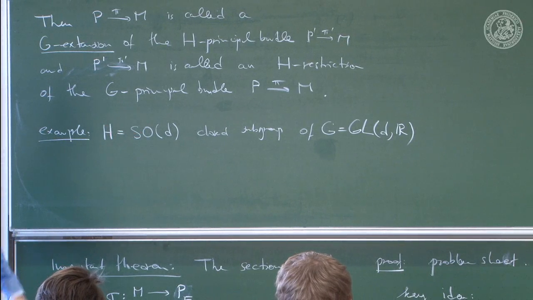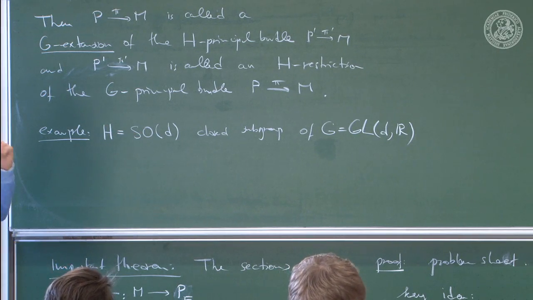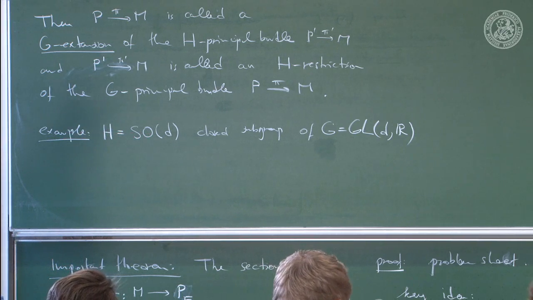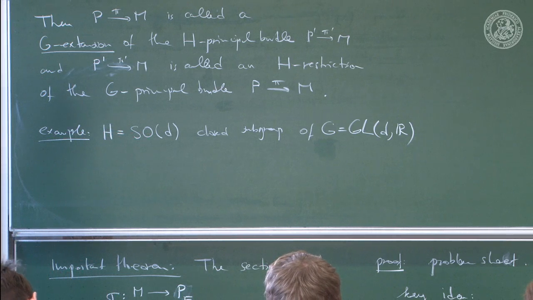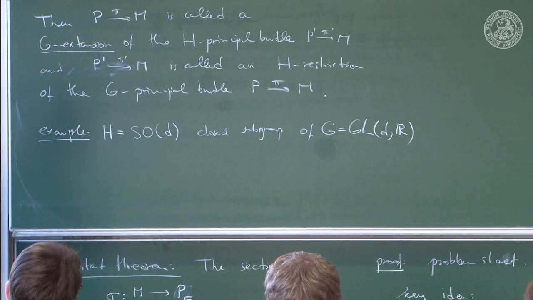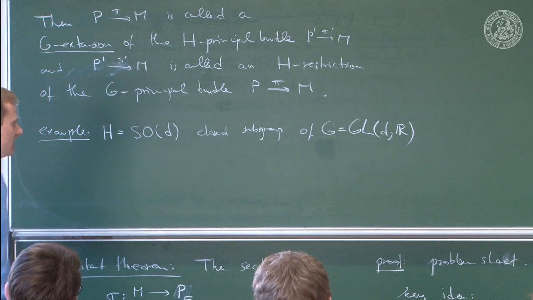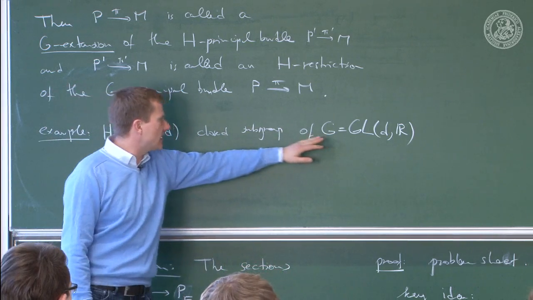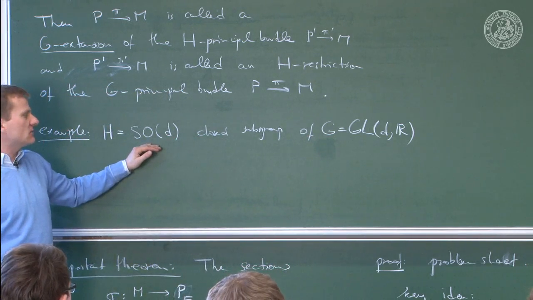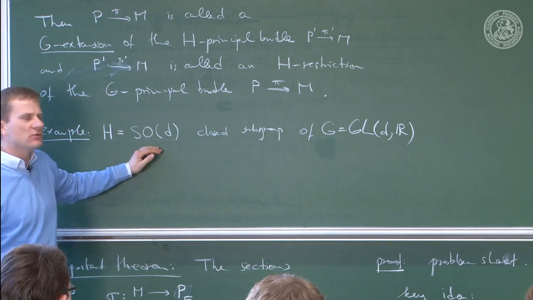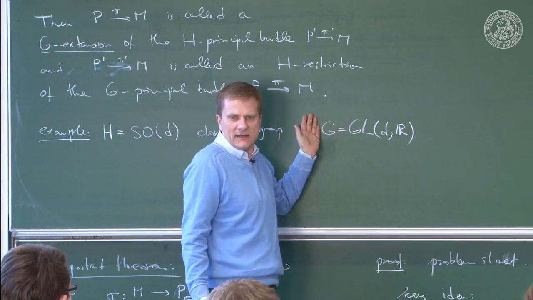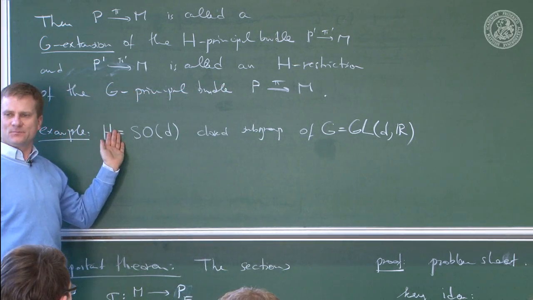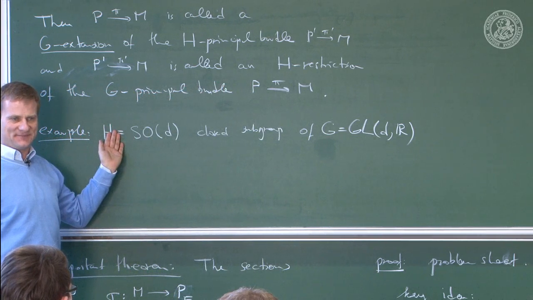Maybe it is not always possible for any base space and so on to restrict GL(D,R) to SO(D). In fact, it is. And if one thinks carefully about it, which now we don't have the time for, and I'll think to maybe put this on the problem sheet, the possibility to restrict GL(D,R) to SO(D) amounts to the question, can you equip a smooth manifold with a Riemannian metric? It turns out this can always be done.